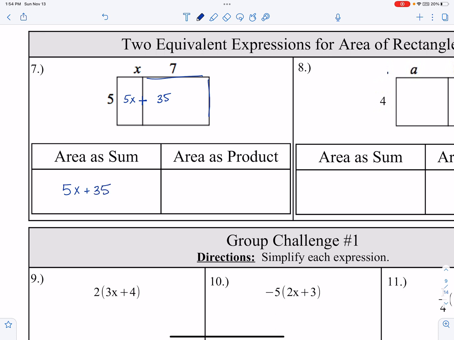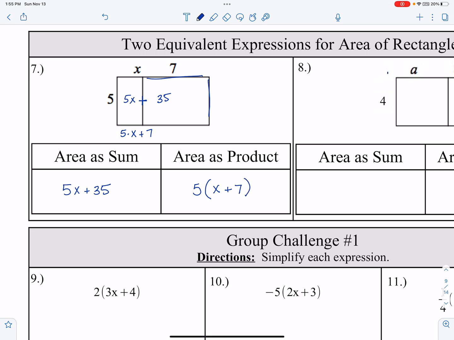Okay. Now, our area as a product is going to look a little different. So instead of us saying 5x plus 35, we can go ahead and represent this as a product instead. And so we're going to pull the 5 out and show that we're doing 5 times the x, because that was our first one. Okay. And the 7 is our other distance.